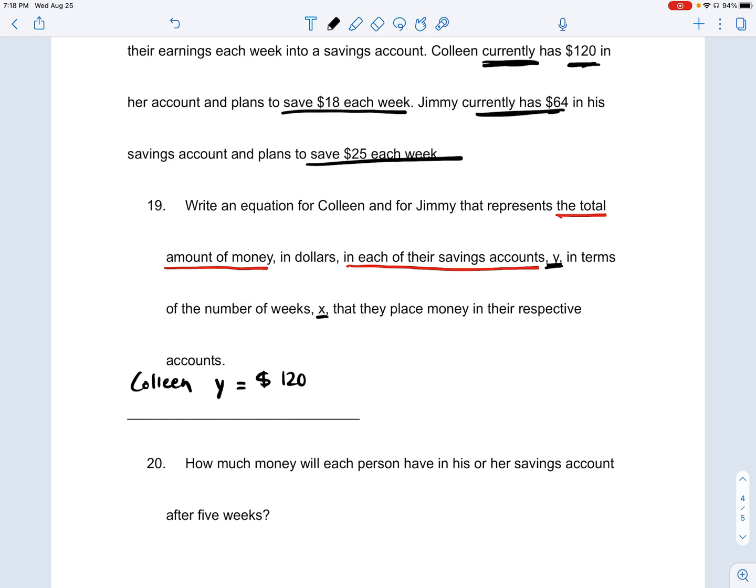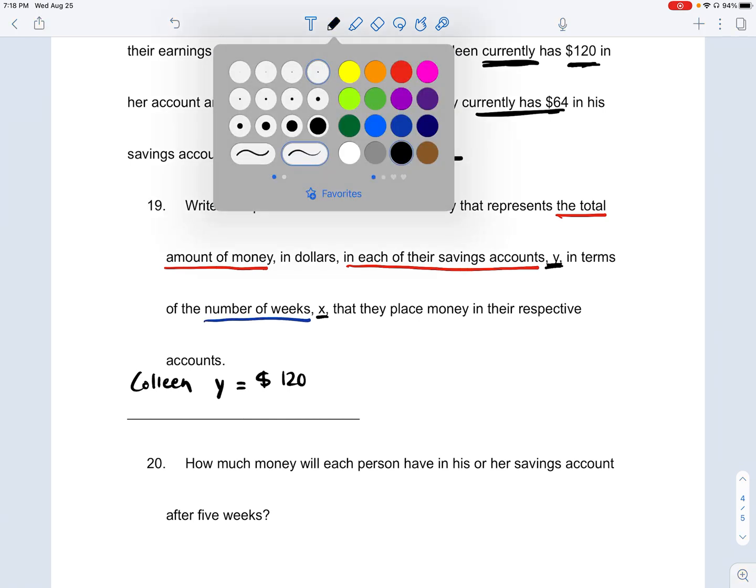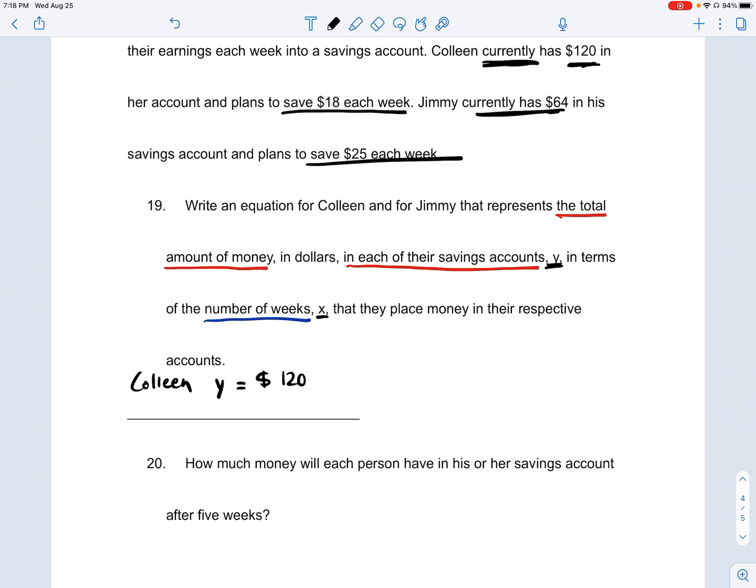Now, the number of weeks is determined by X, and because she's saving $18 each week, we can multiply X times 18 to figure out how much she saves in total. So if we add $18 times X, we get $18 times the total number of weeks that she's going to save.